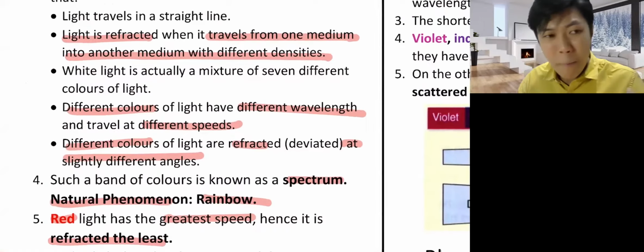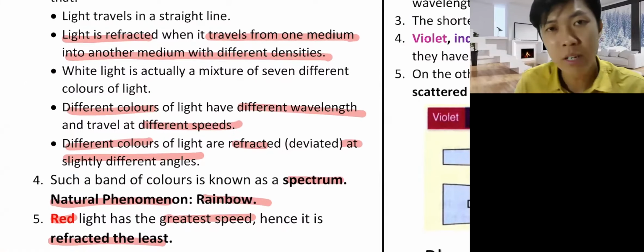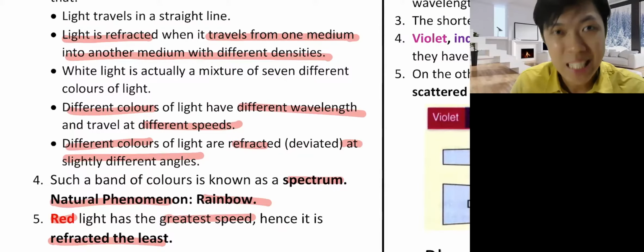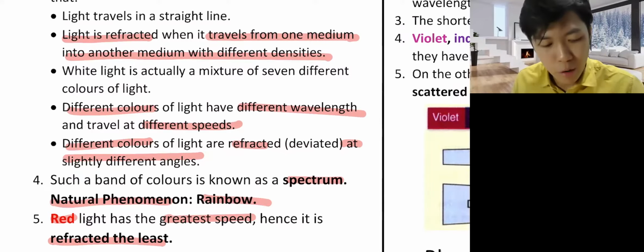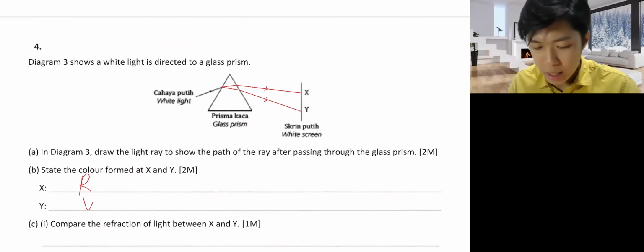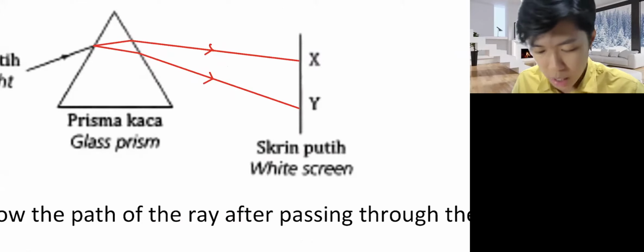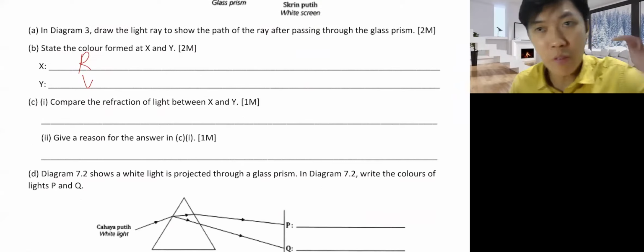They bend at different angles because different color lights have different speeds, correct? They travel at different speeds. So in this case, who is faster? Who is slower? You compare. Now you are writing the reason for the bending.